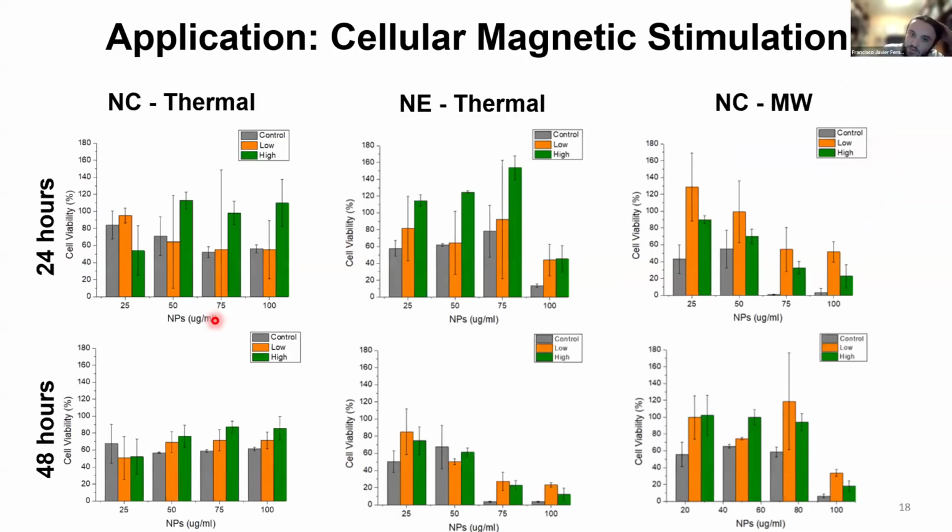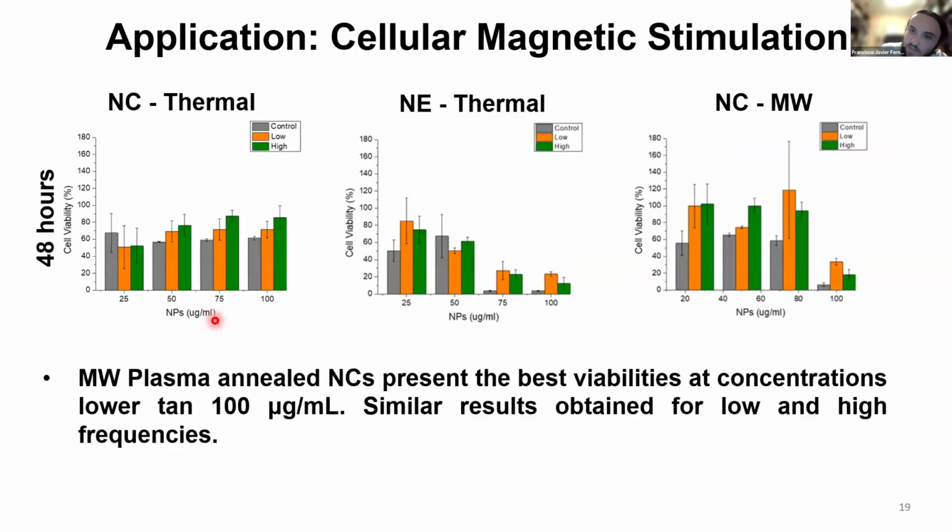Here we have the results, and what we can see is that 48 hours after the experiment, the viability of the cells that have the microwave plasma annealed nanoparticles is the best, better than the samples that were thermally annealed, both for low and high frequencies, and for concentrations lower than 75 micrograms per milliliter, which is a promising result for this application of the microwave plasma annealed nanoparticles.